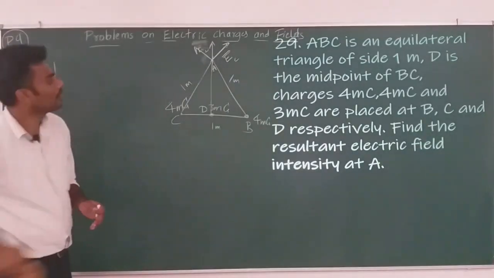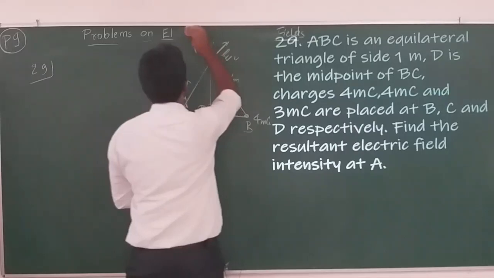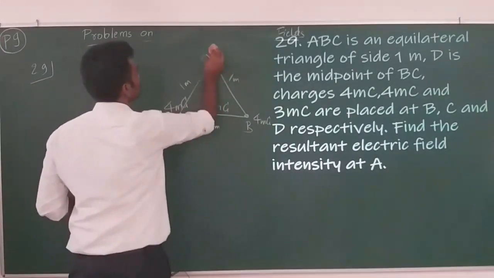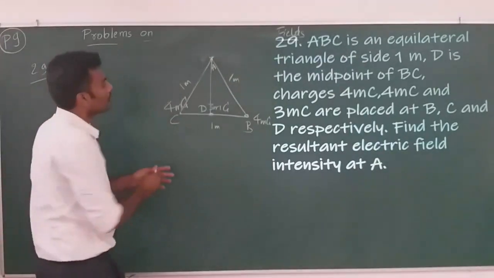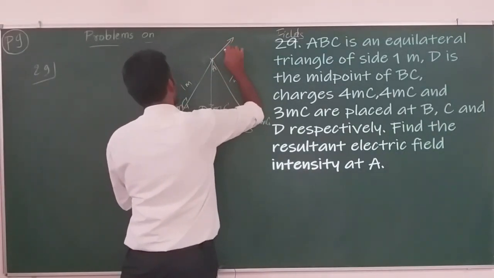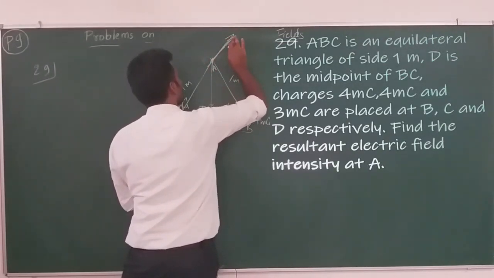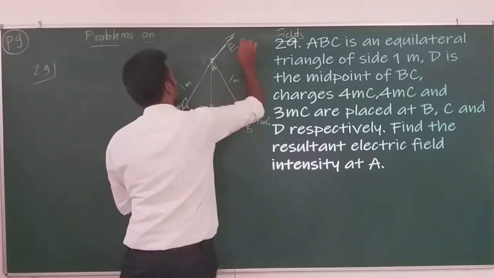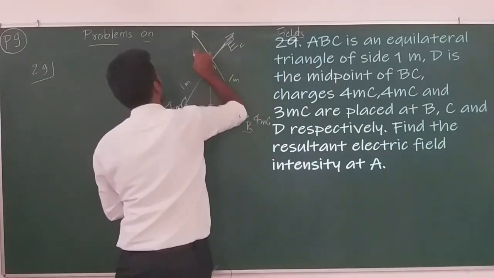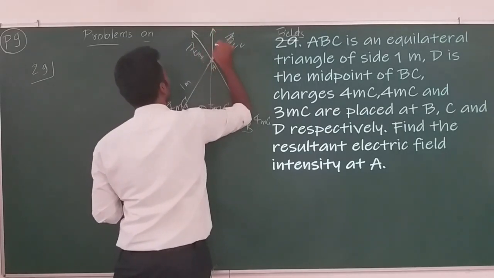Let me rub this. So this is our EC, and this is our EB, and this is our ED.